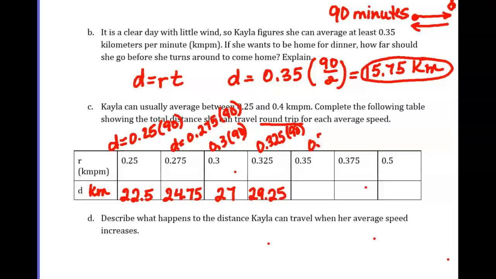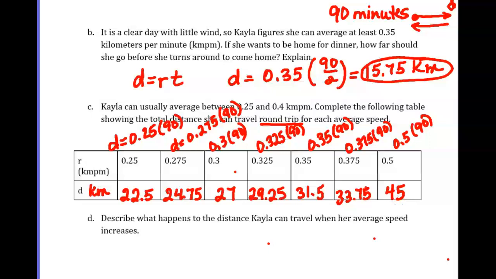And 0.35 times 90 gives us 31.5. And 0.375 times 90 would be 33.75. And finally, 0.5 times 90 gives us 45.